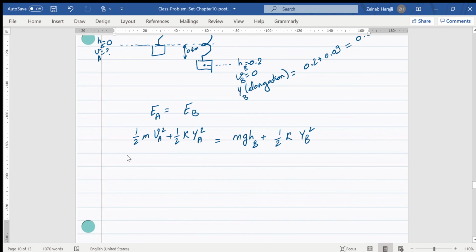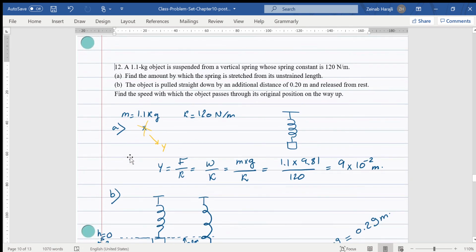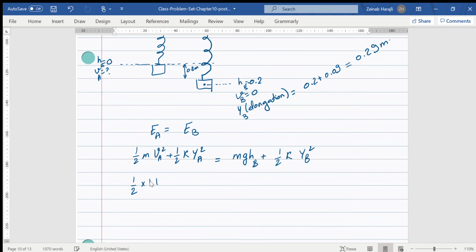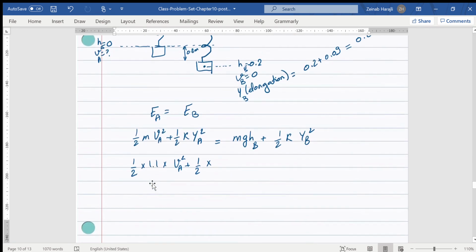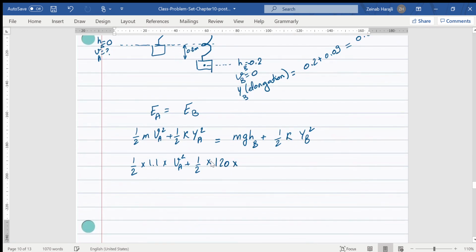So if we substitute the values, the mass is given to be 1.1, VA is what we want, K is given, it's 120. The elongation at A is 0.09. And here, the mass is again 1.1, g is 9.8.